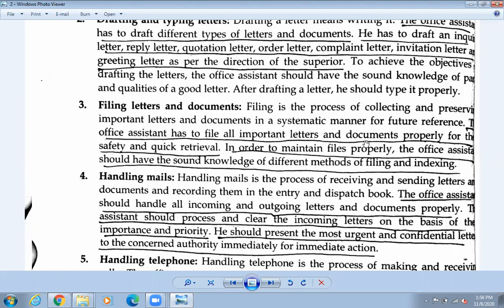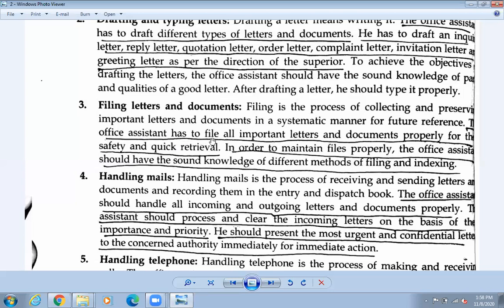For the future reference, knowing you will need it later, what should we do? It should be placed inside a file. That is called filing.